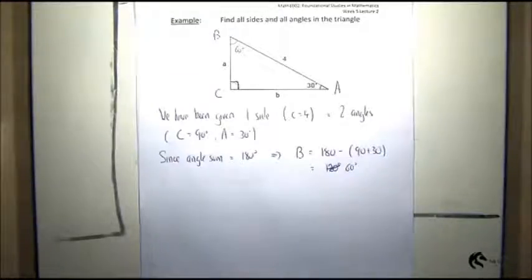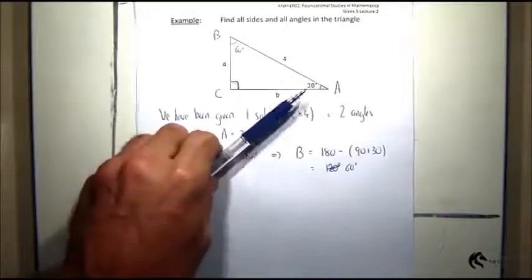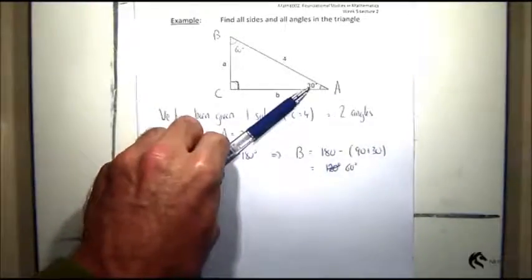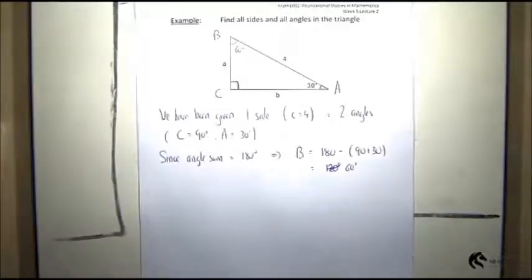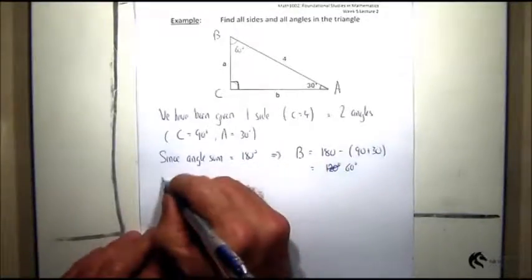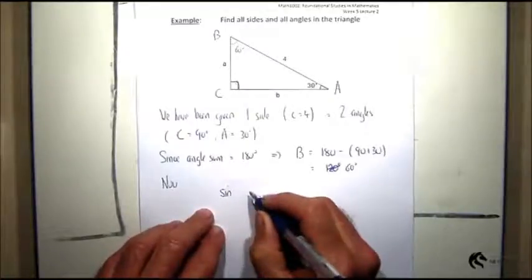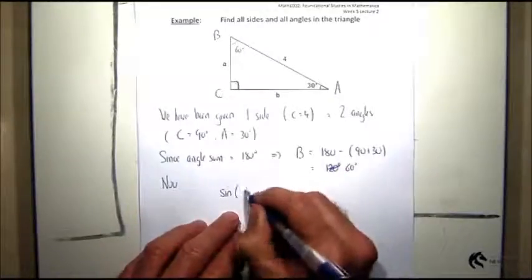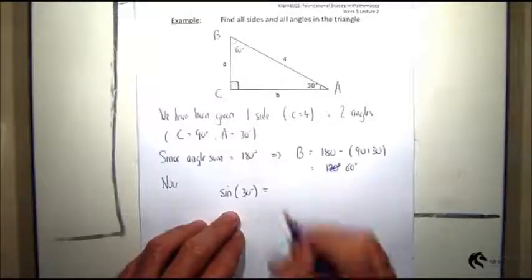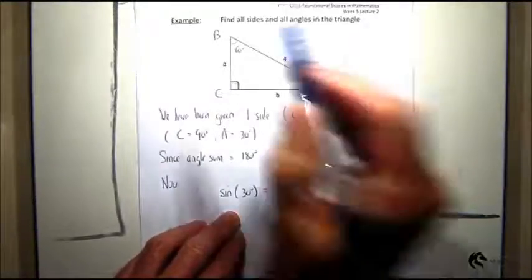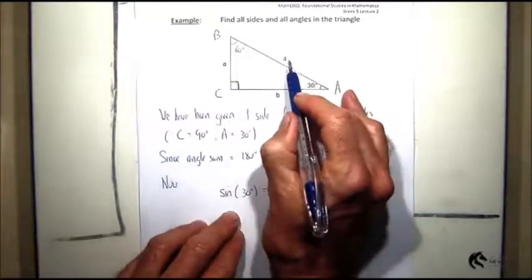And what I'm going to do is, look, I know the value of sine 30. I've got it sitting over here in this table. It says sine 30 is a half, always a half. So now I know that the sine of 30 degrees will be the ratio of the opposite to the hypotenuse.